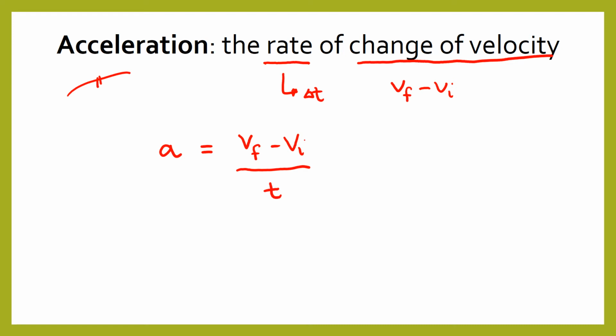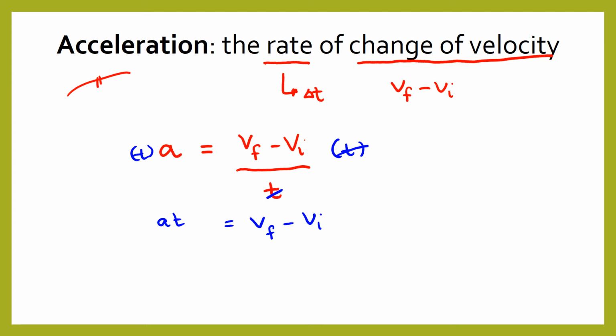We could manipulate this equation so that we multiply both sides by t, and that enables us to cancel the t in the denominator. So we will have At is equal to Vf minus Vi.